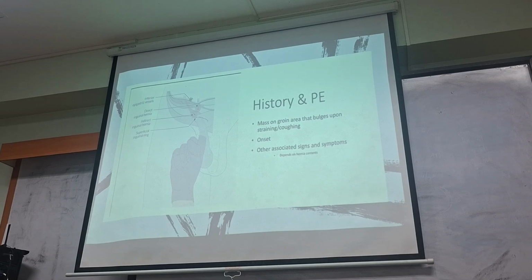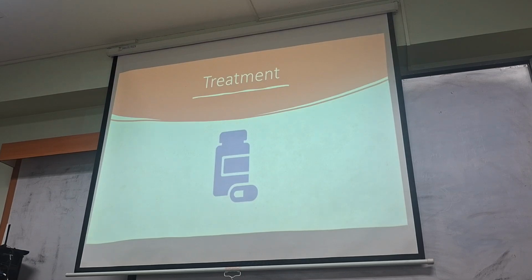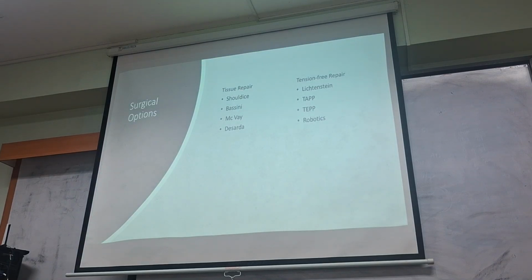Let's say, for example, you have a problem in diagnosing it, like the defect is very small and you cannot really examine it properly, or the patient is very big, and it's hard to detect at the time of examination, then maybe you can resort to certain imaging modalities like an ultrasound, a CT, or an MRI. But this is rarely done for inguinal hernias. So the treatment is always going to be surgery.